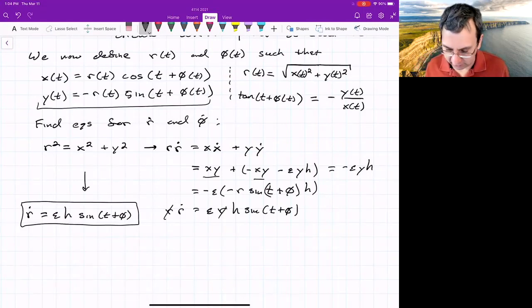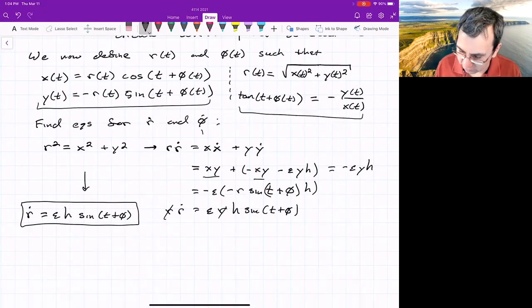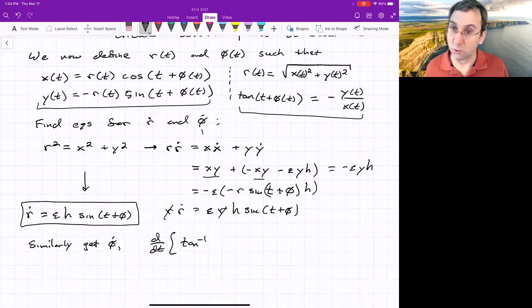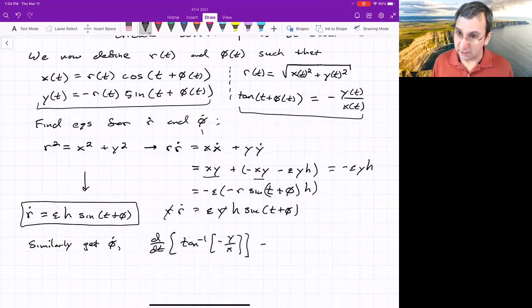We could similarly get the ODE for phi dot. We take this expression over here, rewrite it a little bit, take the inverse tangent. We take d by dt of, I guess you could say, atan2. We want the four-quadrant version, and we'd have that equal to d by dt of (t plus phi of t).